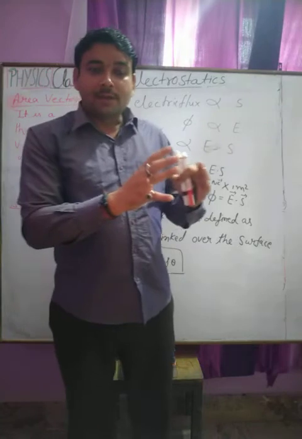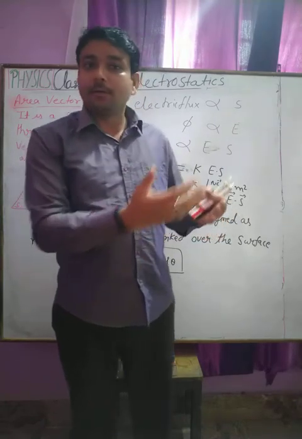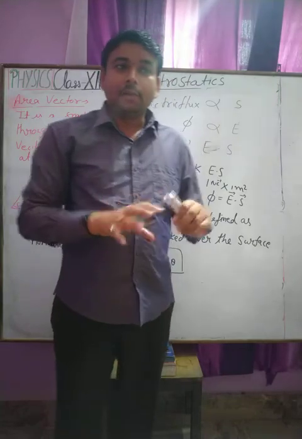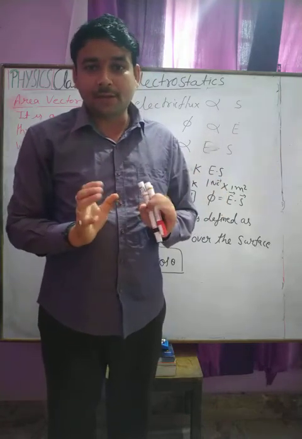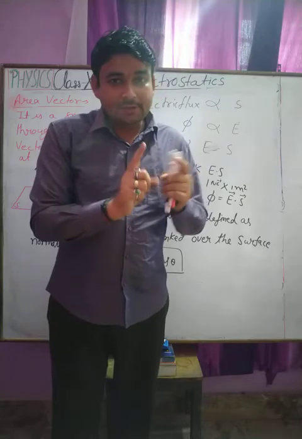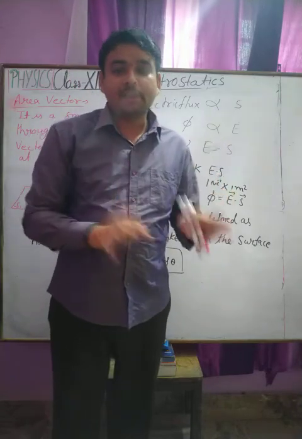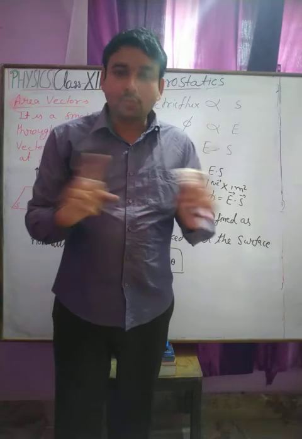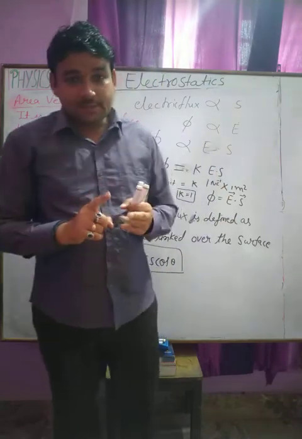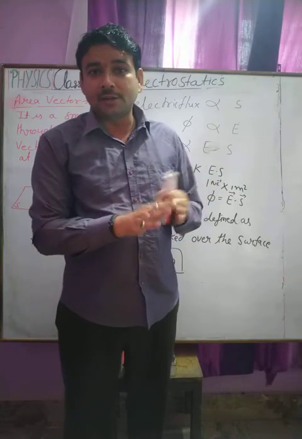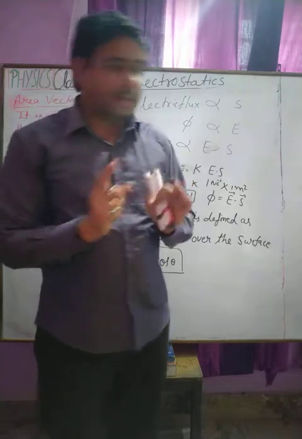But when the water is filled in the bucket, then from the bucket there is no direction of water. When the water fills the bucket, it has no direction, but it has a magnitude, how much is in it. So the flux is basically a quantity related to the capacity of the particular area. Therefore, the electric flux is a scalar quantity.